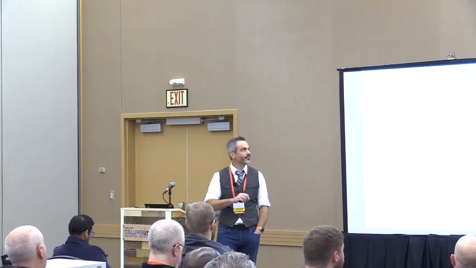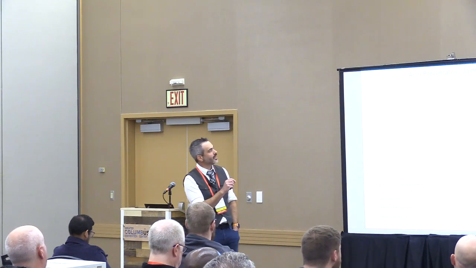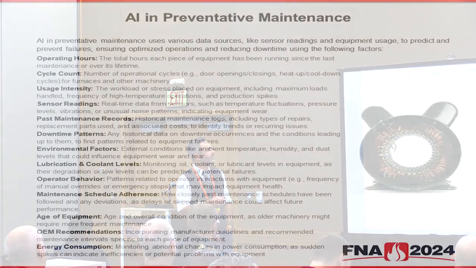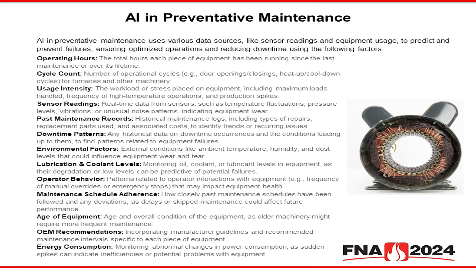But if you collect it during your PM process, so when you know something is not functioning, you're able to track that down, even if it's just looking at how many hours it's been running, and document that automatically. Number of cycles, depending on the type of equipment, how long something is opening and closing, heating, cooling down. Obviously, that puts a lot of stress on any piece of equipment. That's something we want to collect and track and put into a system to add to the prediction. Are you high usage, low usage?